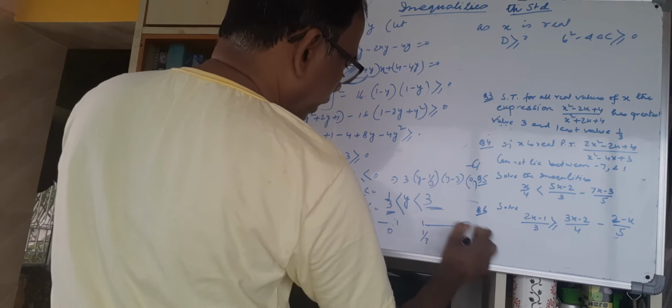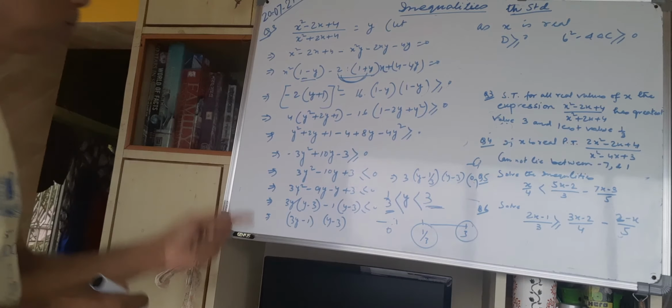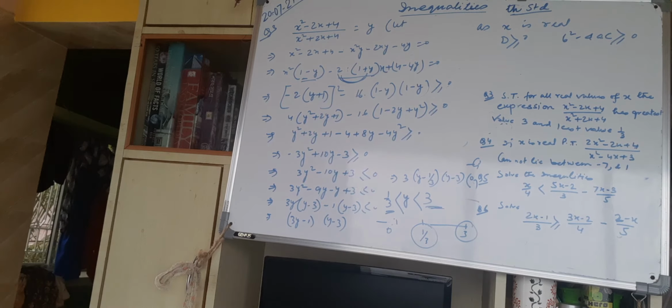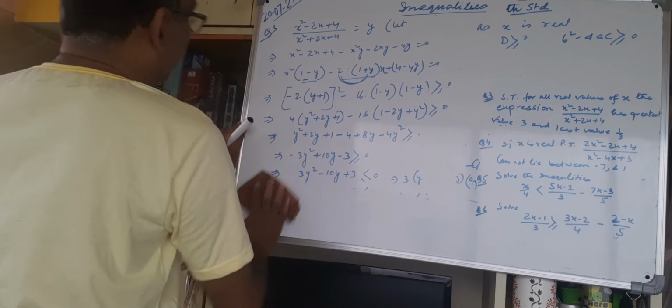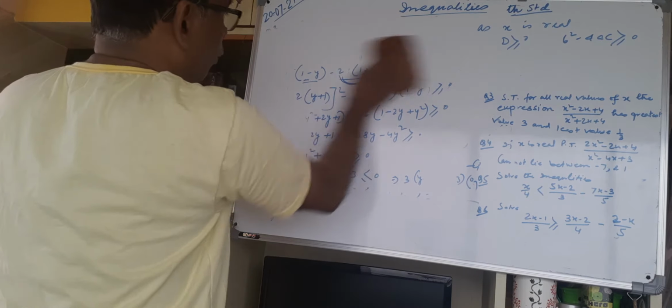So this is called greatest value, this is called least value. So we can say the least value and greatest value from this expression we can find out. Next, do sum number 4.